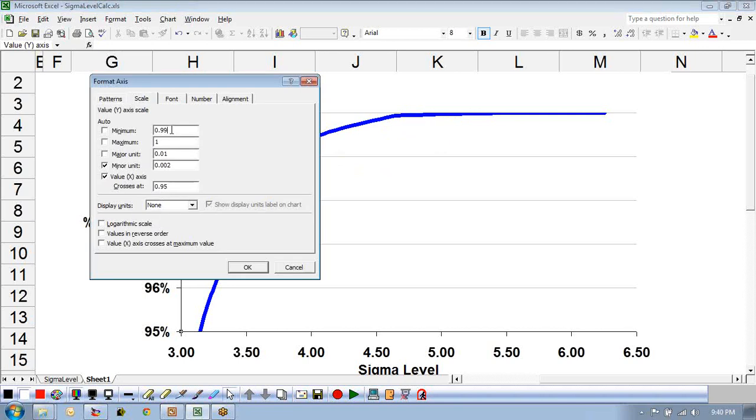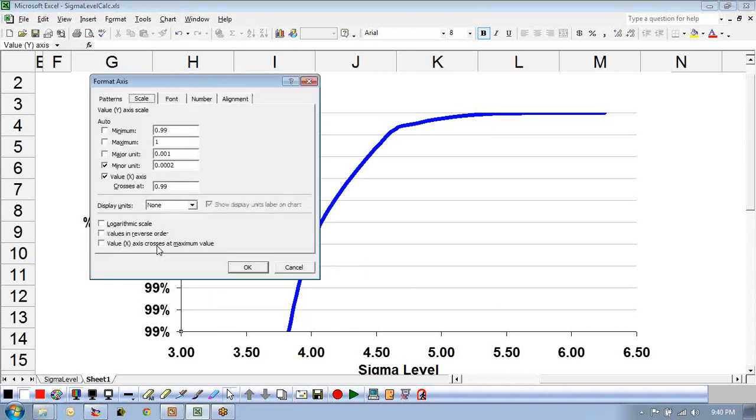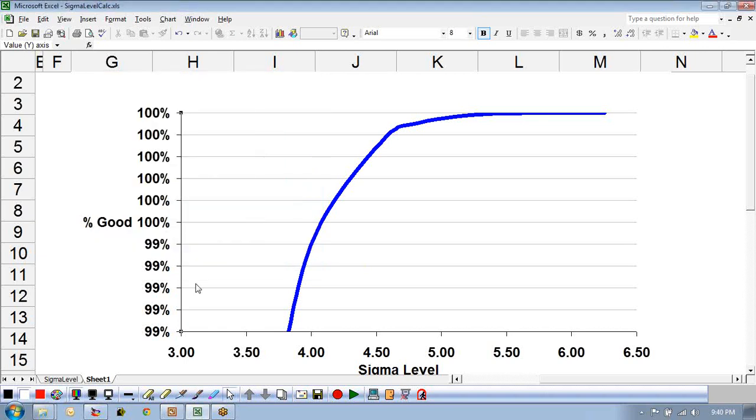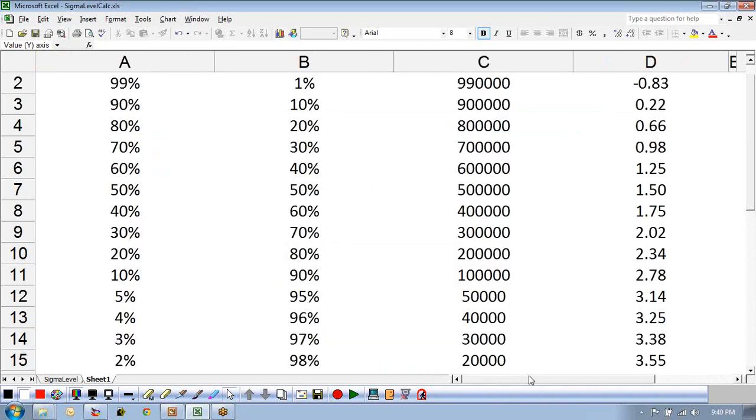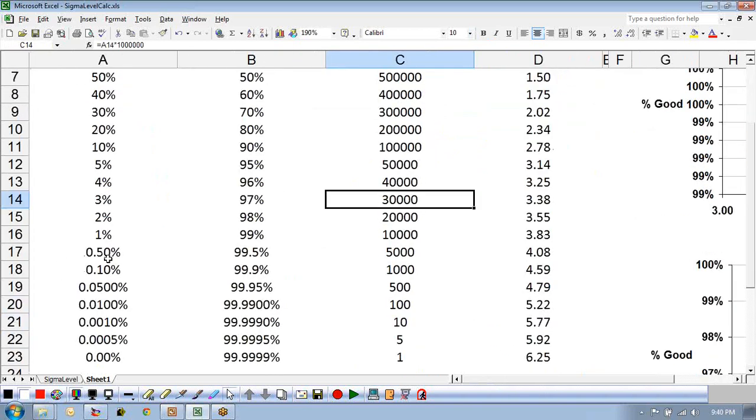I may say 99, and now I'll put another decimal point there. So there's our 4 sigma process. I guess I need more decimal points out there to even see it. So you can see that we're really hitting that top. If we actually look at the table of sigma levels, here's our percent good.